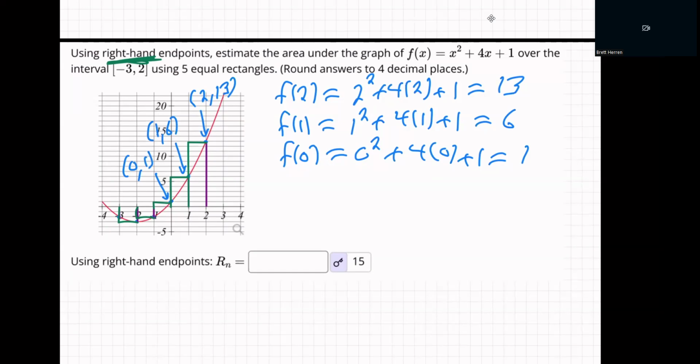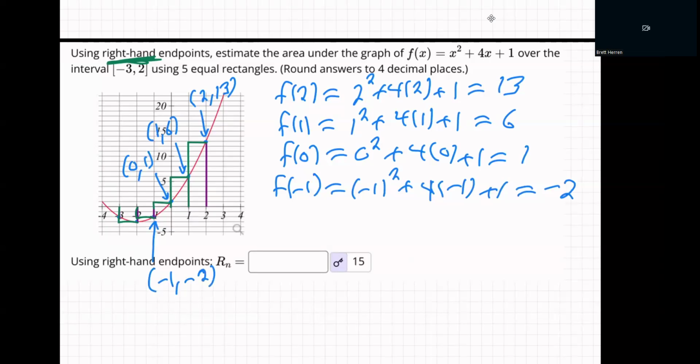Okay, and then this next dot down here, that's -1. Plug that in. -1 squared plus 4 times -1 plus 1. That's 1 minus 4 plus 1, which is minus 2. So that's back 1, down 2.